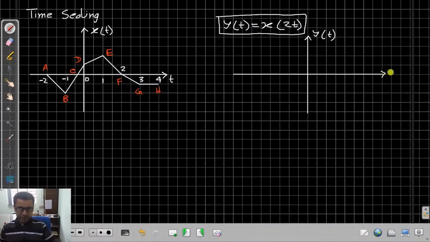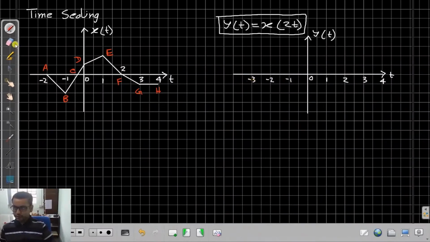This is time axis. This is t equal to 0, 1, 2, 3, 4. Here minus 1, minus 2, minus 3, and so on.